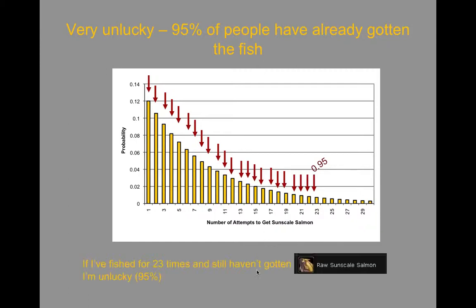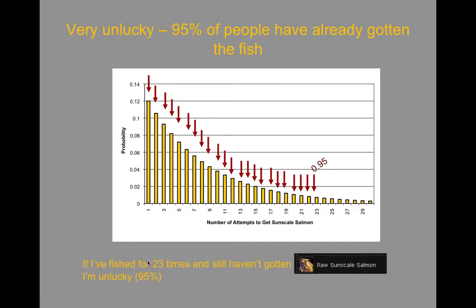So if I fish 23 times and I still haven't gotten my salmon, I'm really unlucky. That is 95 out of 100 people have already gotten their fish by the 23rd try, and I haven't. In that case, it may be that my drop rate is suspect and it's actually lower than I think it is.